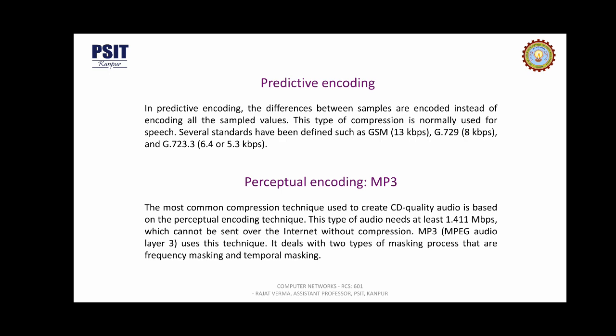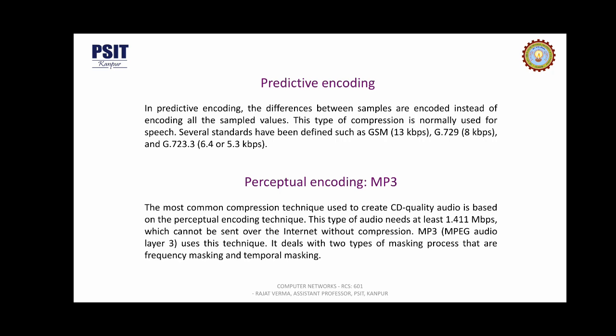Now, perceptual encoding is based on the science of psychoacoustics, which is the study of how people perceive sound. The idea is basically based on the flaws in our auditory system. Some sounds can mask other sounds. Masking can happen in terms of frequency or time.